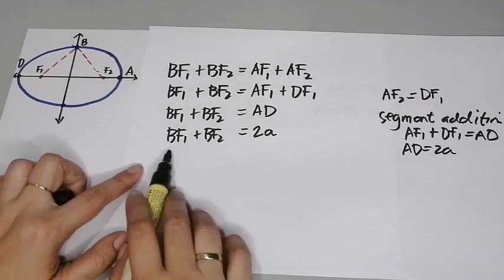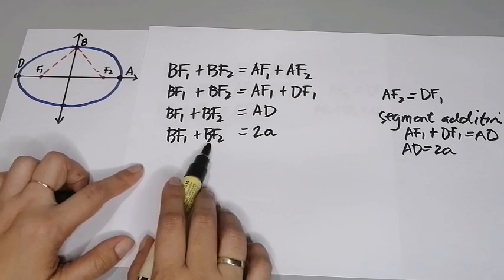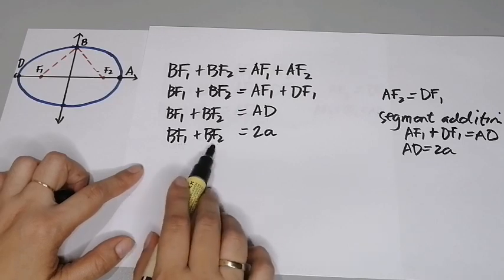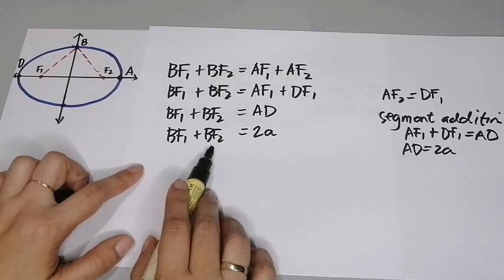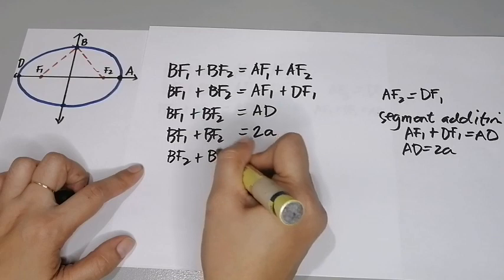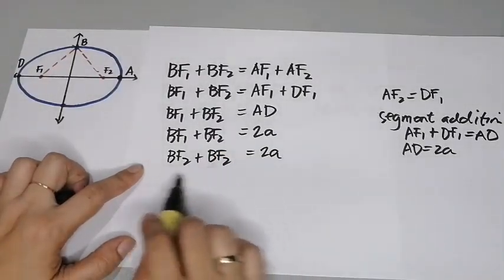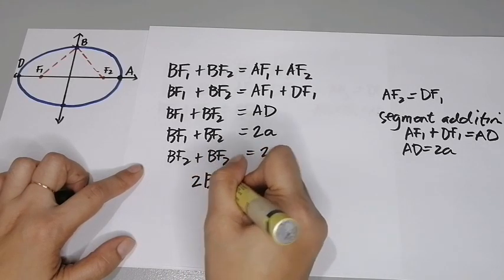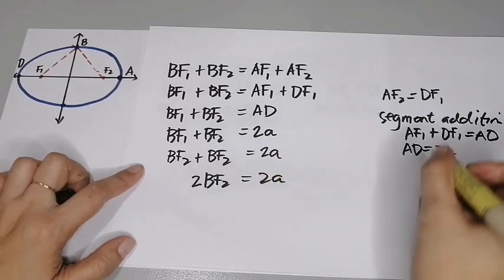Since we're looking for the length of BF sub 2, and since these two line segments are equal, we can substitute BF sub 1 with BF sub 2. So we have BF sub 2 plus BF sub 2 is equal to 2A, thus 2 BF sub 2 is equal to 2A.